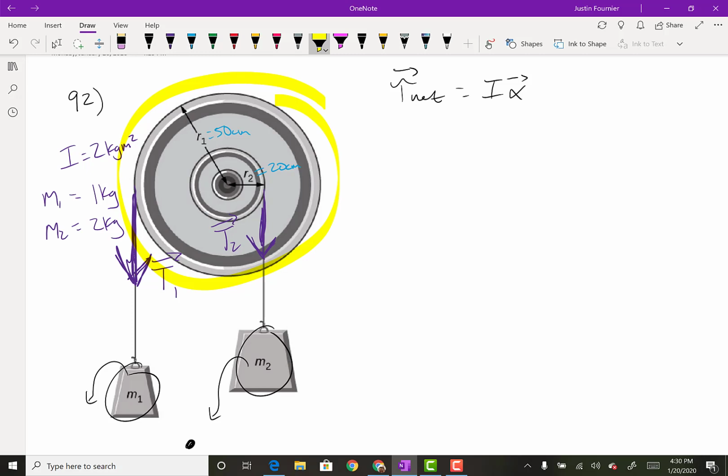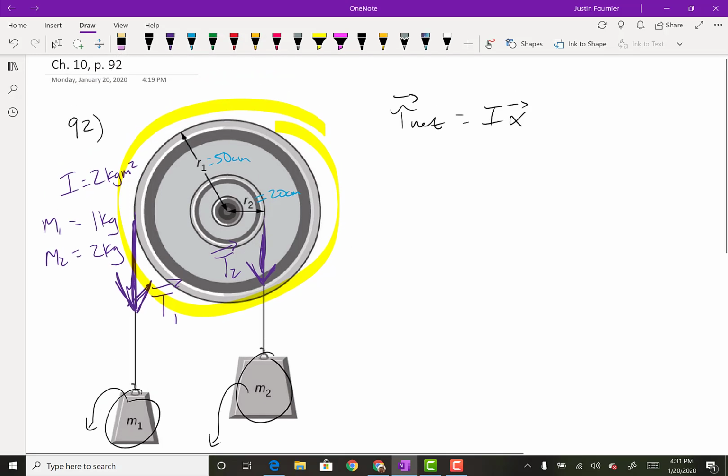Which one's positive? By convention, and I don't have to do it this way, I'll say that if it's spinning this way, or spinning out of the page, that's going to be the positive direction.